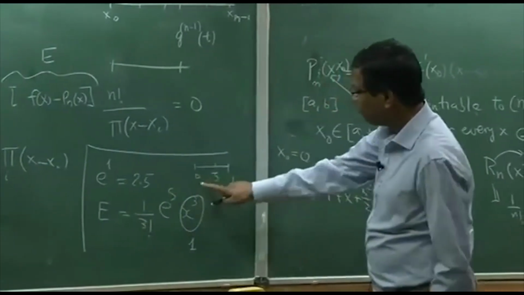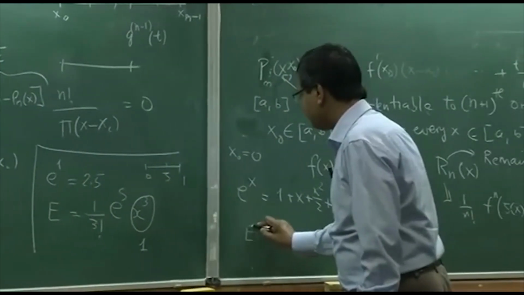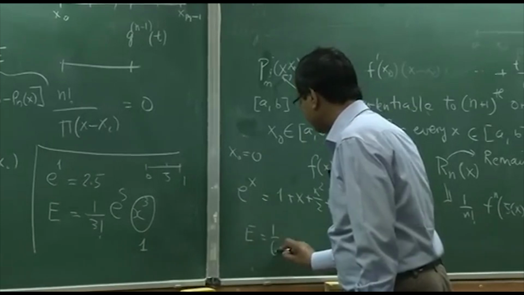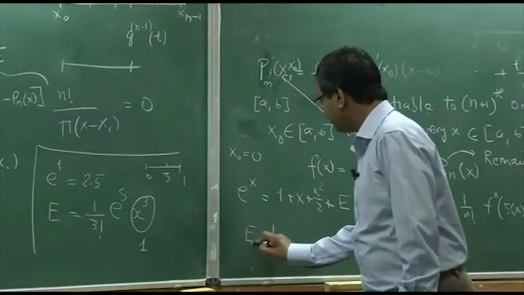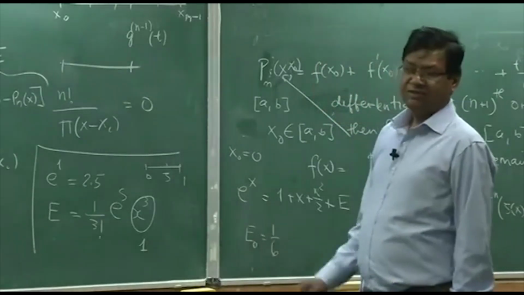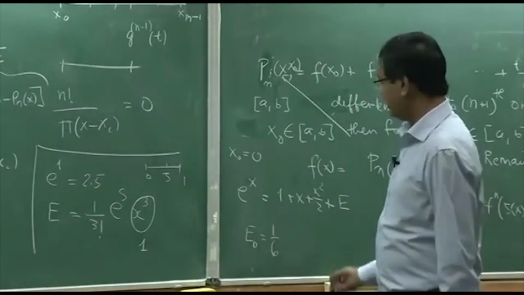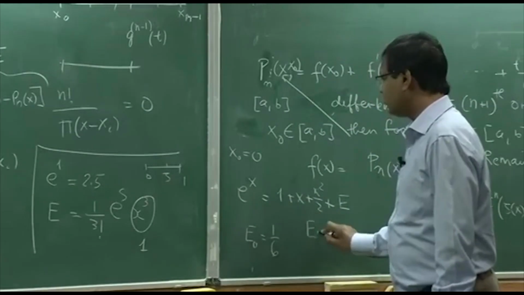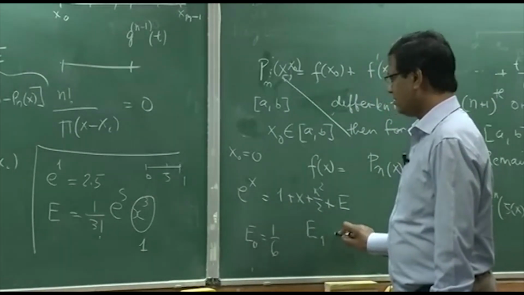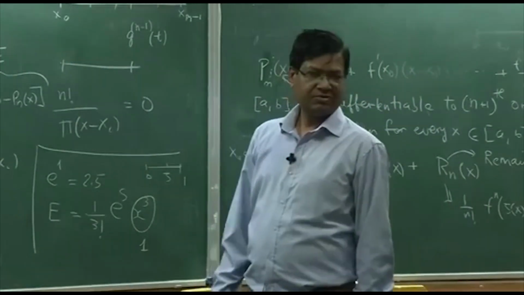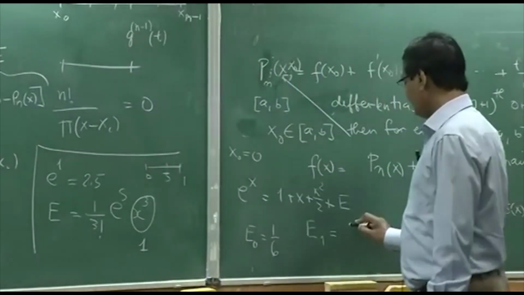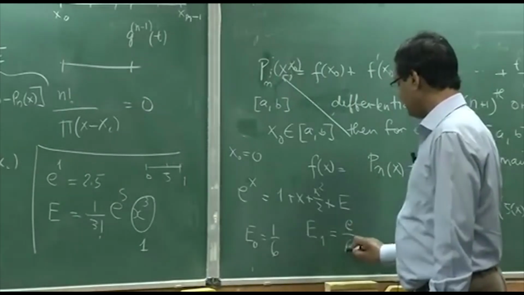If it is close to 0, then the value of e is 1 by 3 factorial, 1 by 6. E near 0, if zeta is near 0. What if e is around 1? So, e by factorial 3. That will give you e by 6.